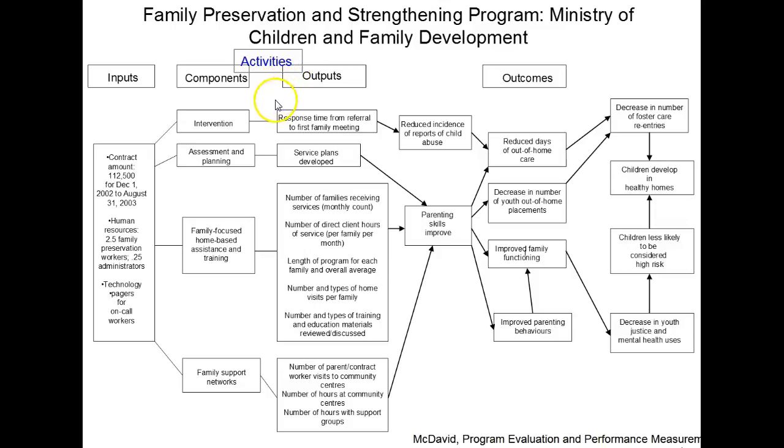But we can see from these outputs, we can kind of glean what some of these activities would be. And I'd like you to pay attention to these outputs and think about those outputs as you can see that they're actually measuring what occurred with this program and with this particular component.